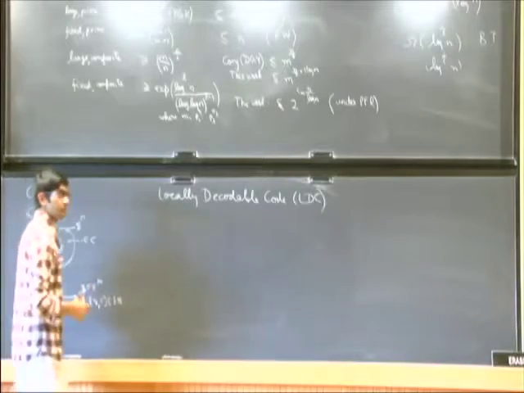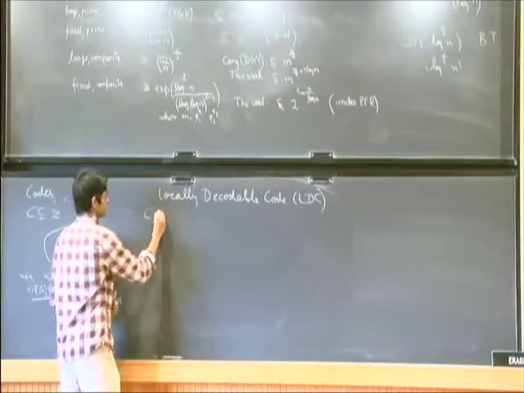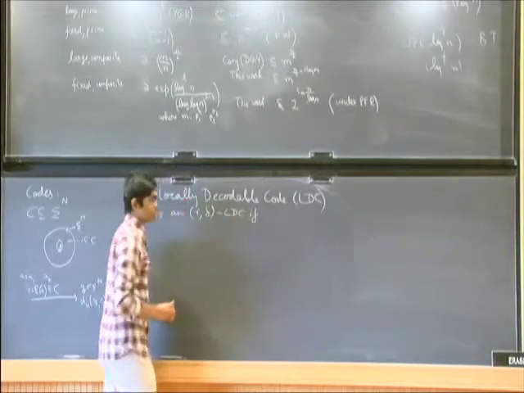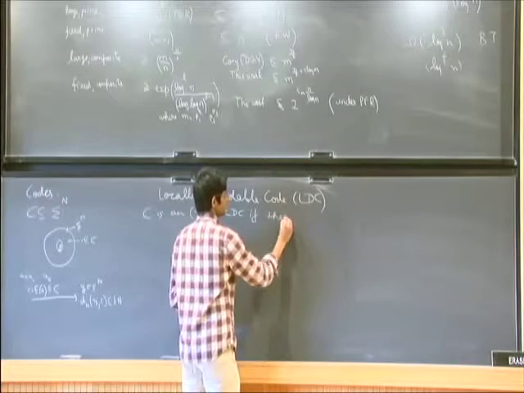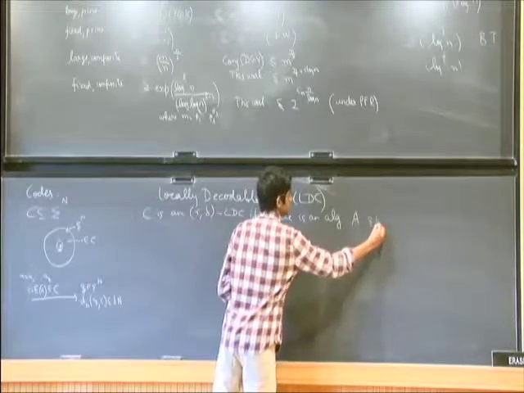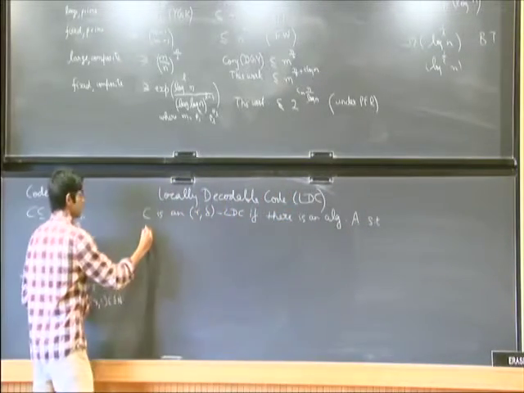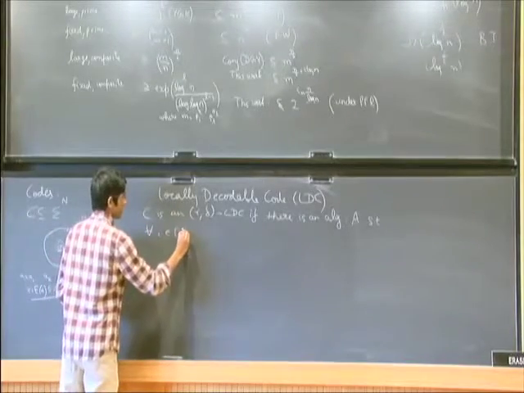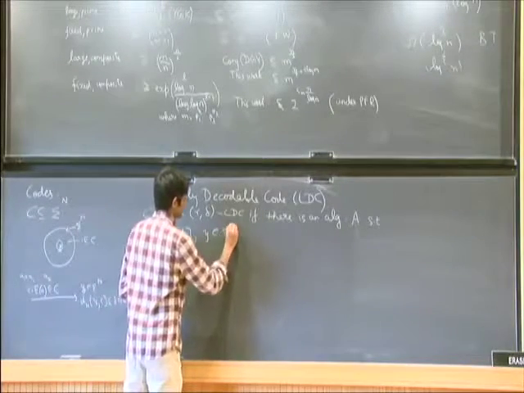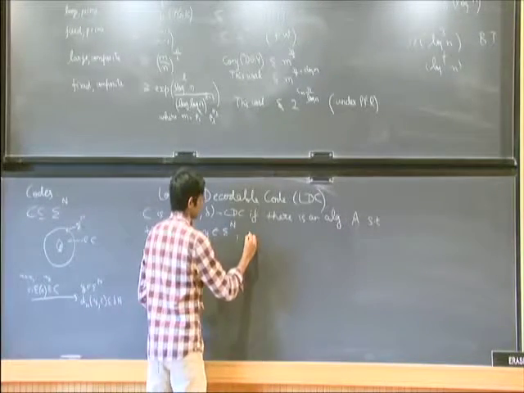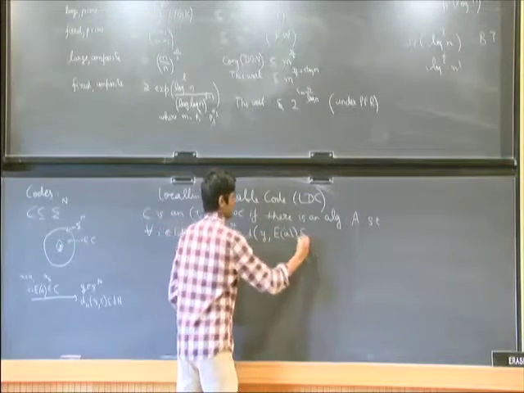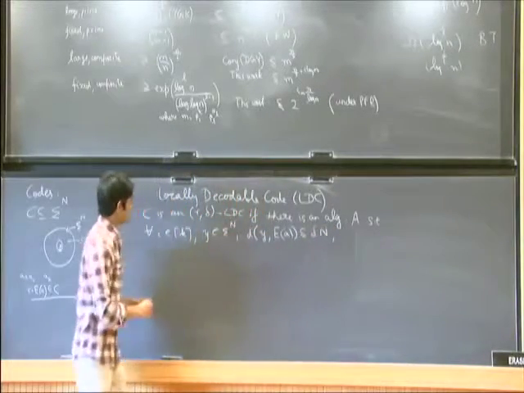So C is an (R, delta) LDC if there is an algorithm A such that for all i in K, this is going to be the index you need, and y in sigma to the n, and let's say y is close to some code word, the following two properties hold.